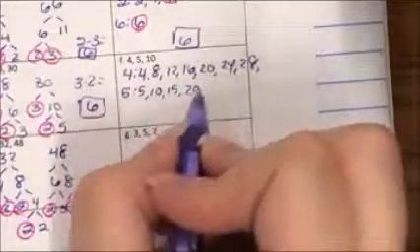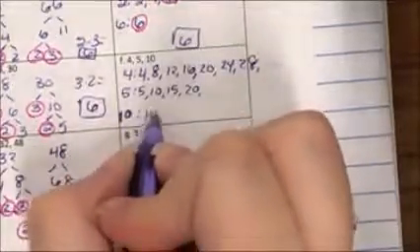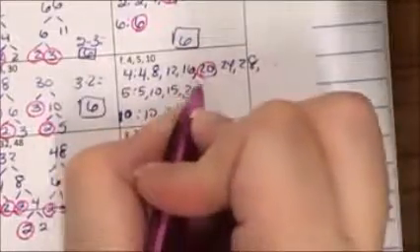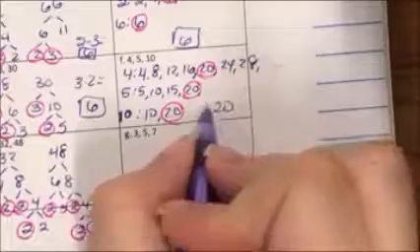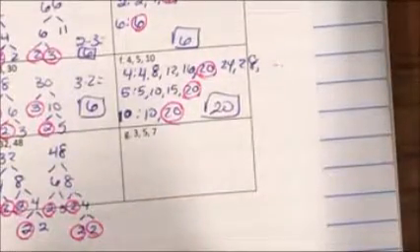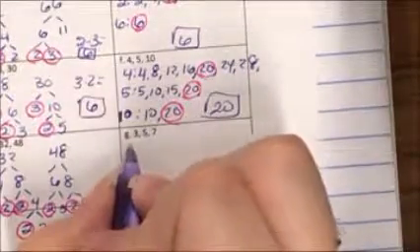I noticed I have 20s together, so I'm going to check for 10s. 10 is 10, 20. Notice that they all have a 20 in common, so 20 is my LCM.